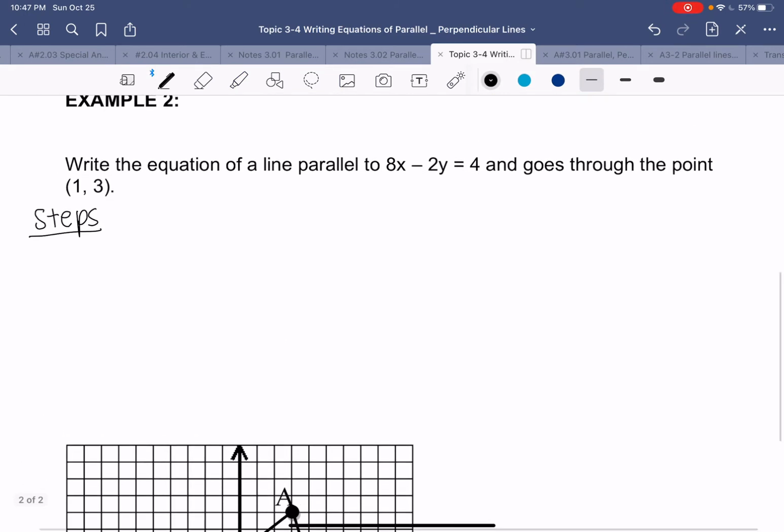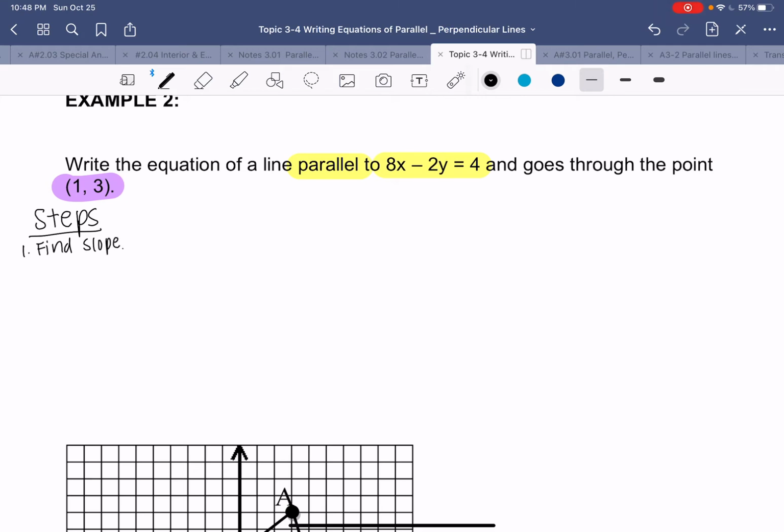Okay, so it says write an equation of a line parallel, is the big word here, to 8x minus 2y equals 4 and goes through the point (1, 3). Okay, so the first step is to find slope.